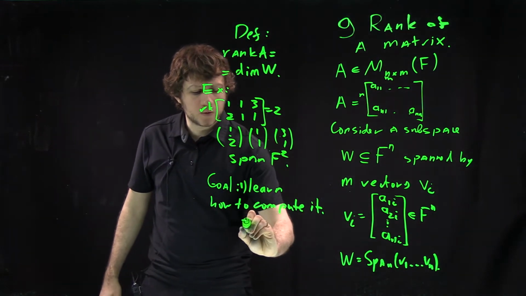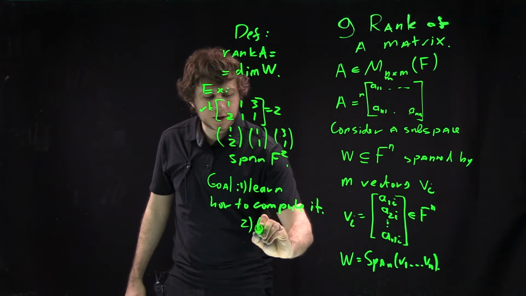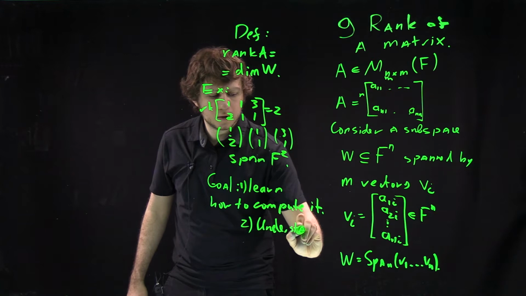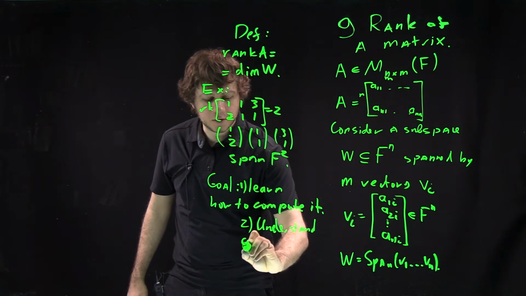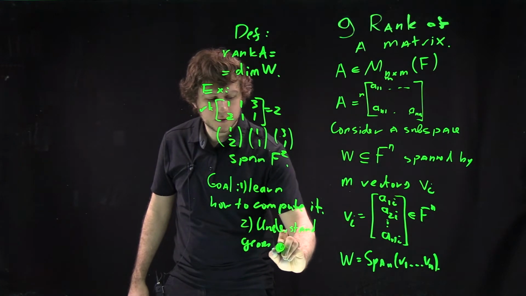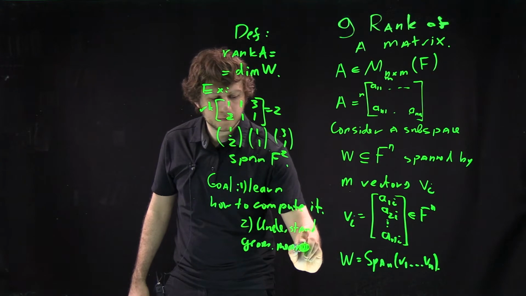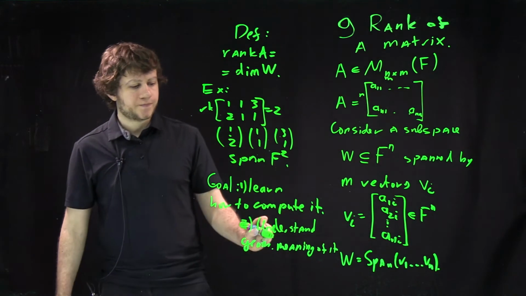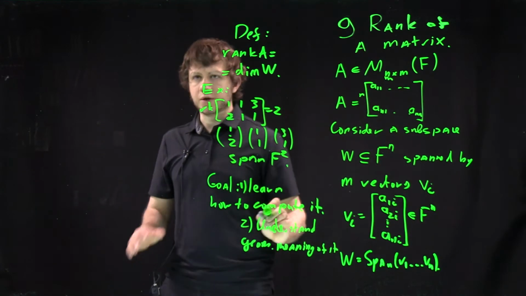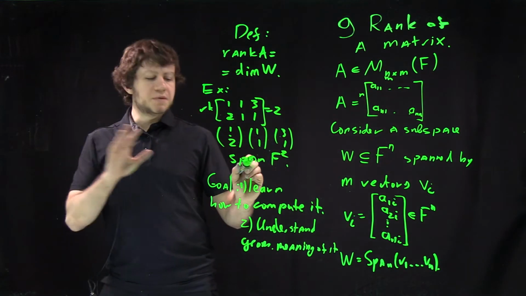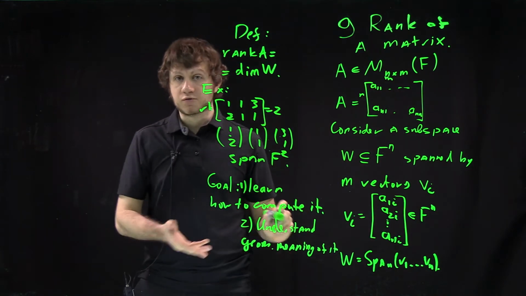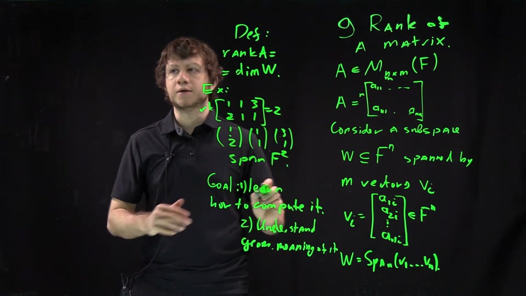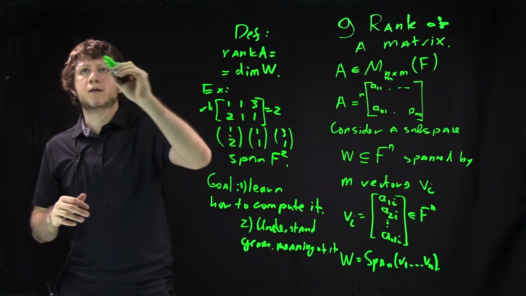The second goal will be to understand the geometric meaning of it, which is maybe more interesting. Let me start with explaining the geometric meaning first, and then we will talk about how one can compute it in practice and why that algorithm works.